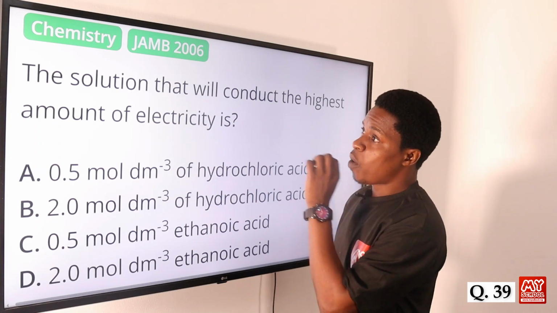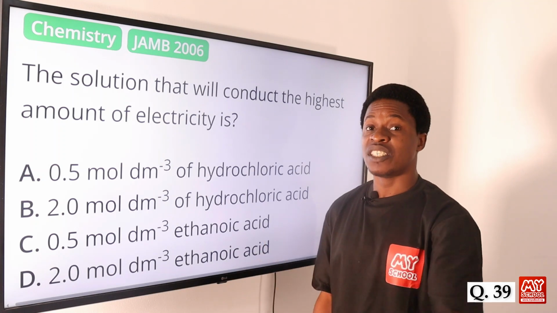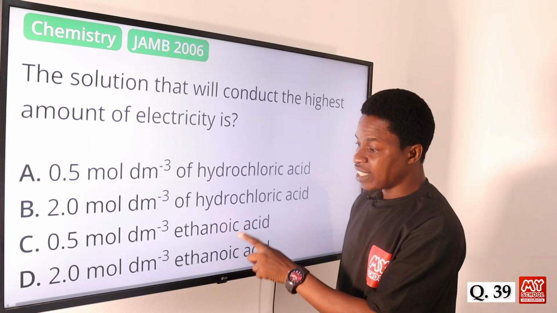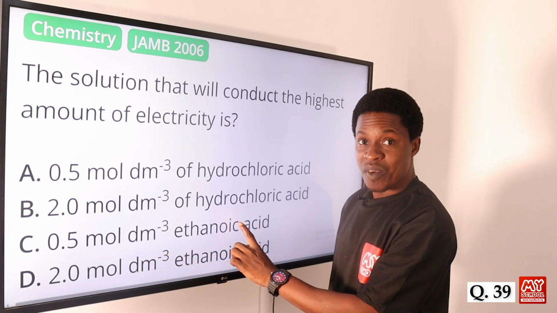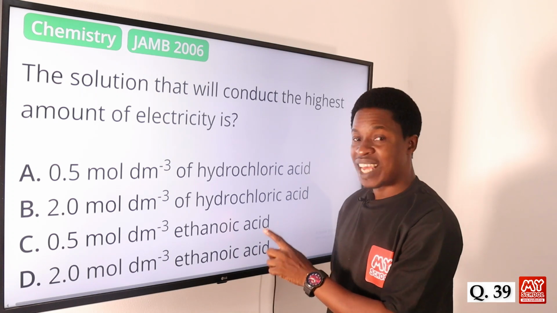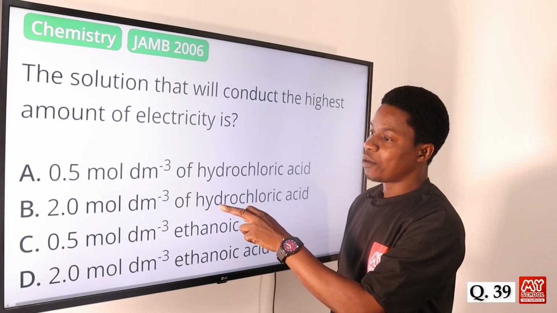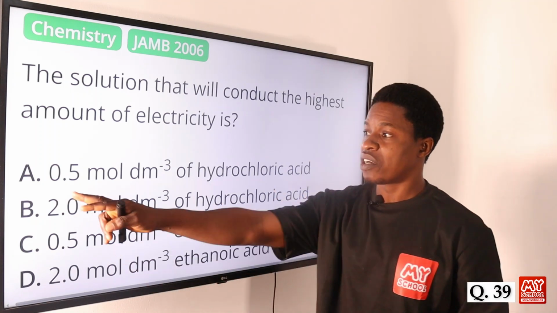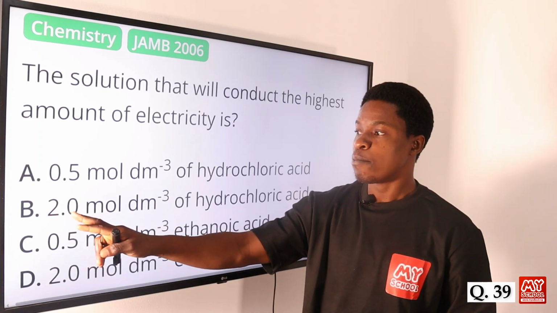So the one that conducts the highest amount of electricity is going to be a strong acid. Based on that, these two are weak acids. Forget about the concentration for the weak acids, so option C and option D are eliminated. The contention is now between option A and option B. Option A is hydrochloric acid with a concentration of 0.5, and option B is 2.0. So this one has more concentration.